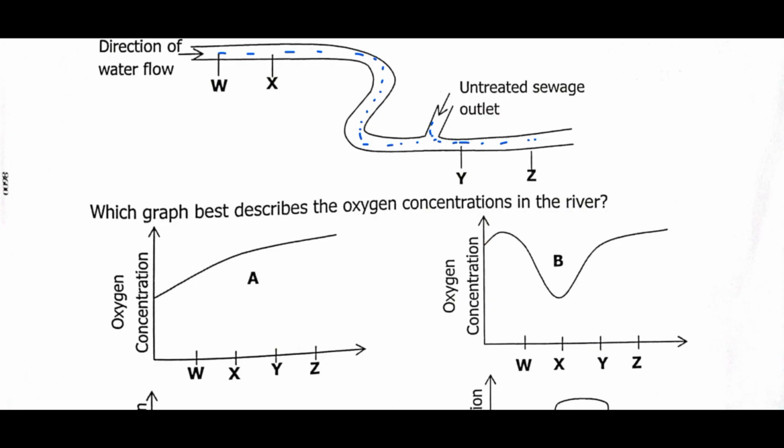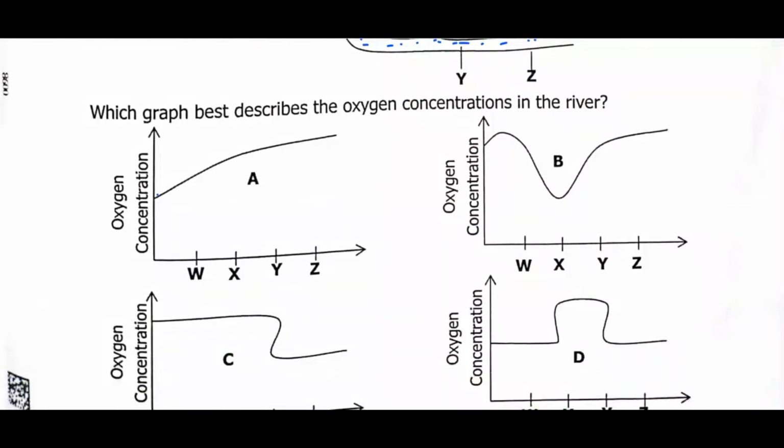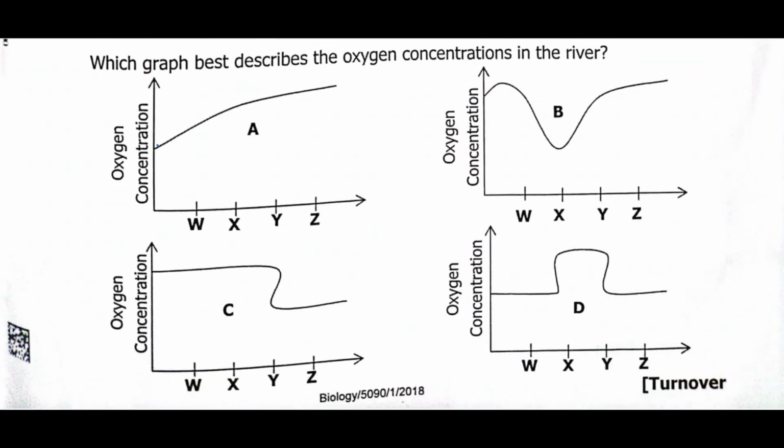So here we have A, you can see there is high, no. Then B, there is high, no. Whenever we have untreated sewage, we are going to have less oxygen because of the bacteria. So the answer is C, because we can see that there is high, then at Y and X the oxygen drops.